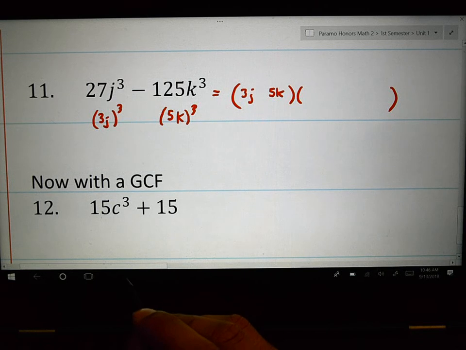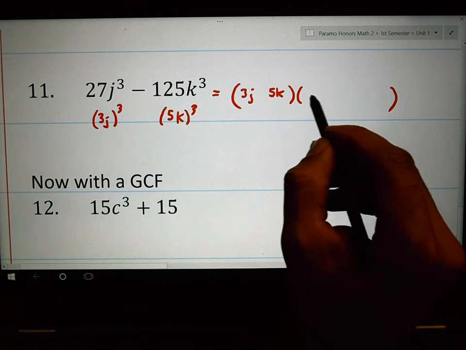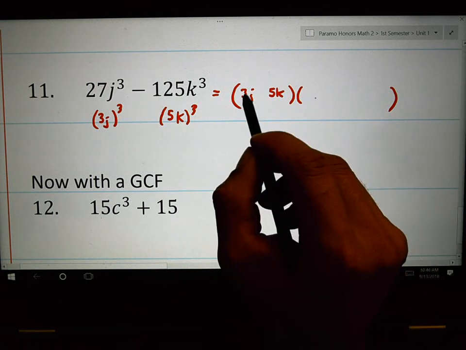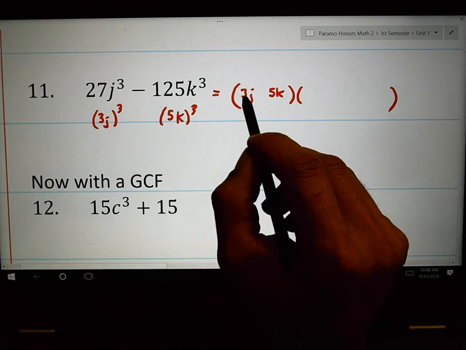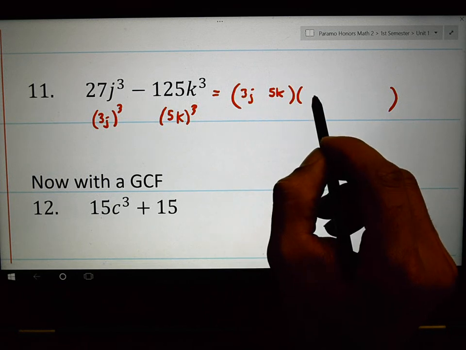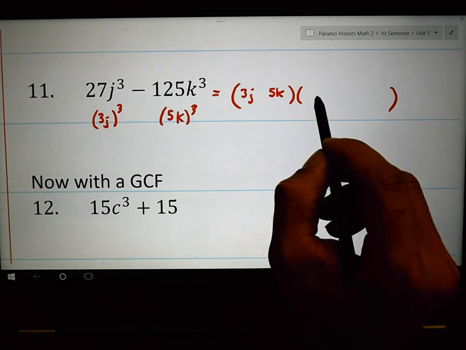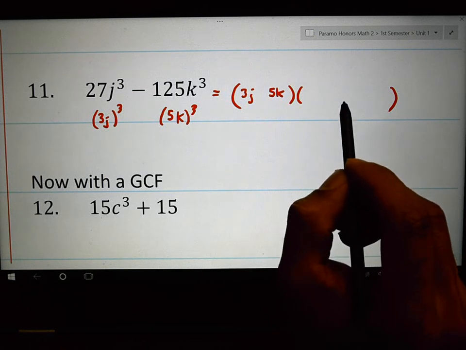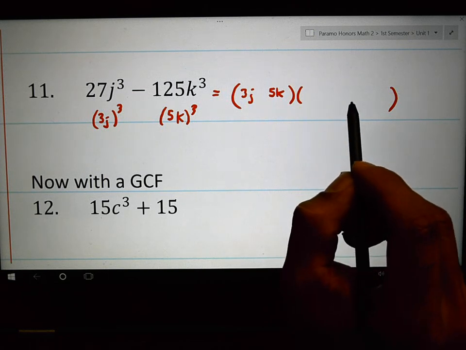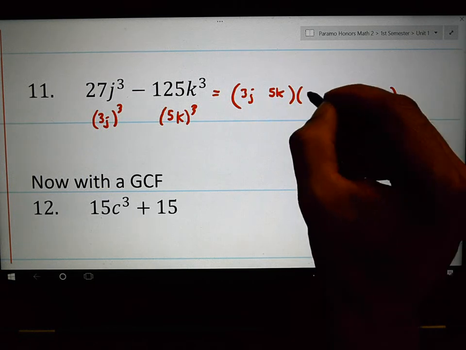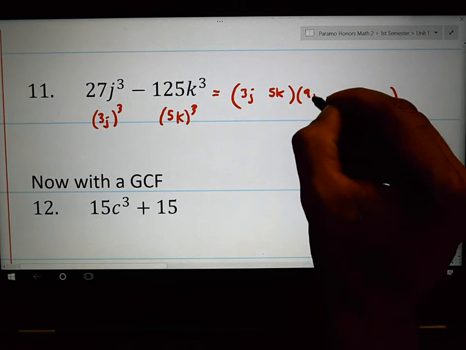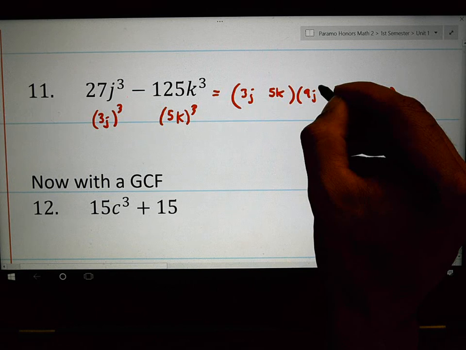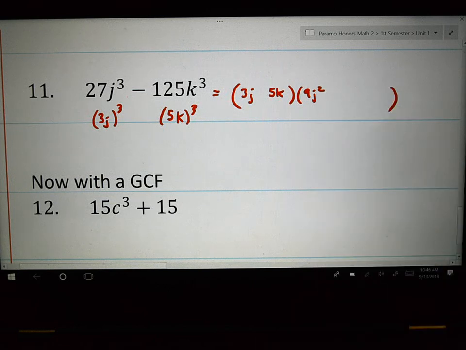Then what I do is I go to this first thing, which is based off of the left thing, the 3j, and I have to square it, but I'm going to do that in my head. I have to do 3 squared and the j squared, and I simplify it. So what is that going to be? 9j squared.